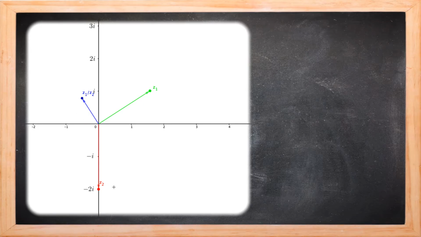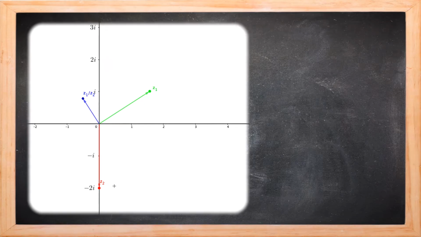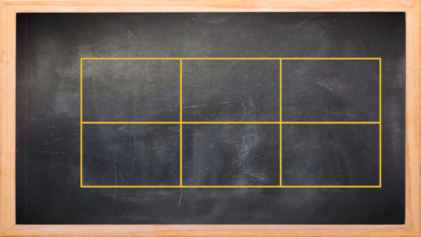So let's try and summarise what we've observed so far. We'll put in this table the geometric effect on z1: in the top row, multiplying by z2, and in the second row, the effect of dividing by z2.